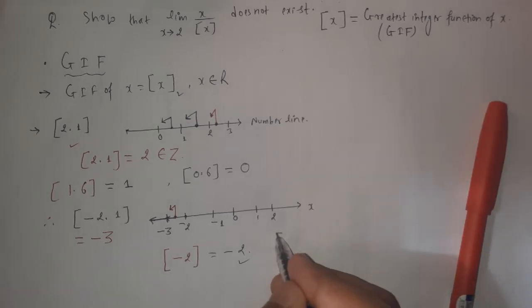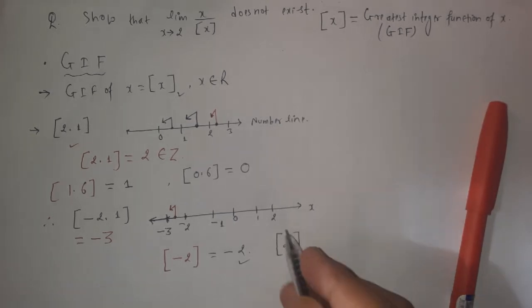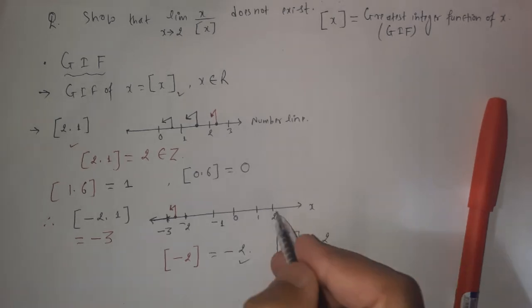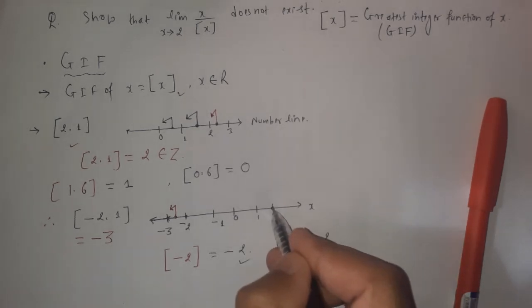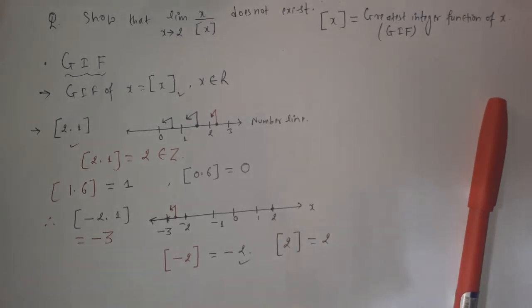Let's calculate the greatest integer of 2 also. The greatest integer of 2: here the 2 is an integer. The greatest integer of an integer is the number itself. So 2. Similarly, the greatest integer of, let's take the integer 0.